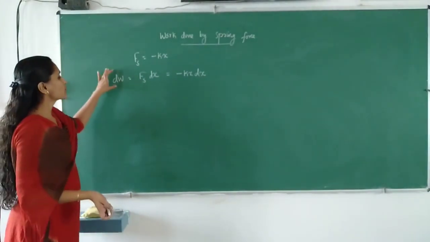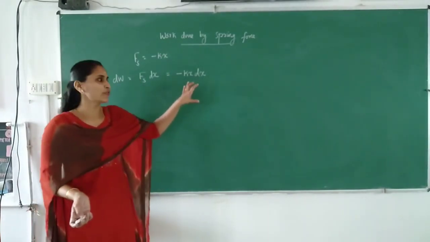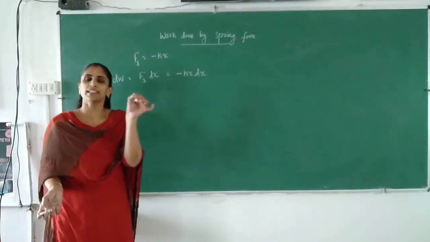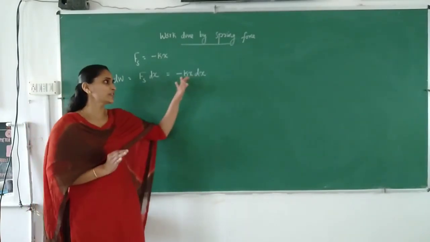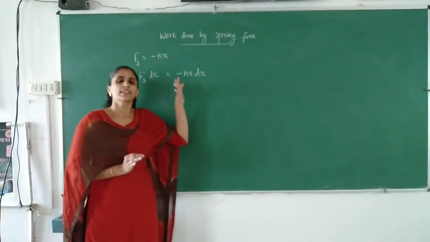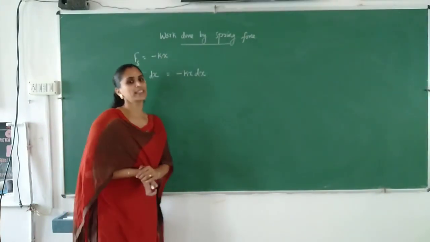So this is the small amount of work done by the spring force when the object connected to that spring is displaced by dx. It is given by minus Kx dx.